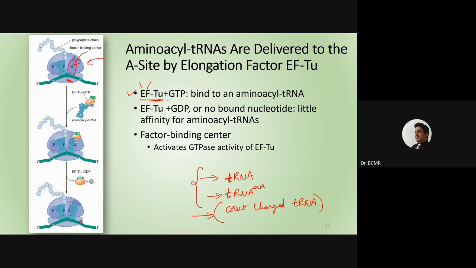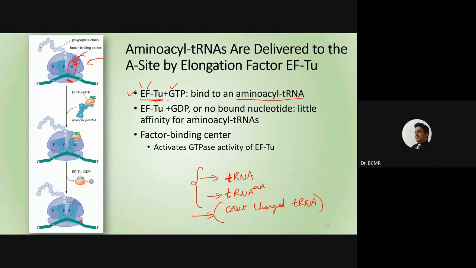So this EF-Tu binds to the charged or aminoacylated tRNA. It does not bind to uncharged tRNAs. And this EF-Tu, when it is bound to GTP, that's its active state, will bind to charged tRNA and then bring that tRNA to the A site.